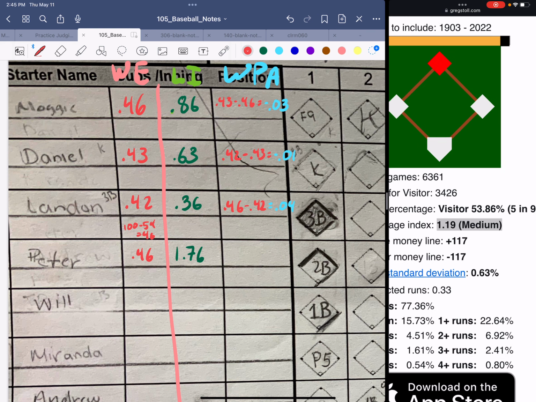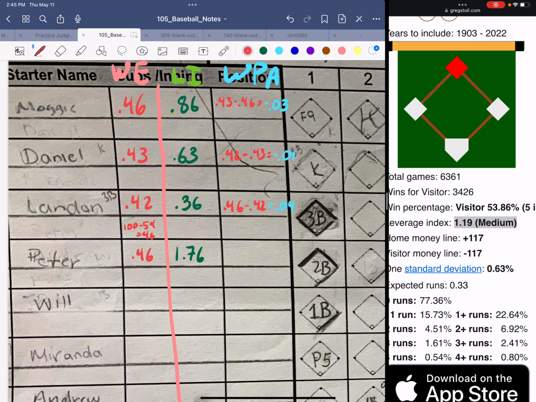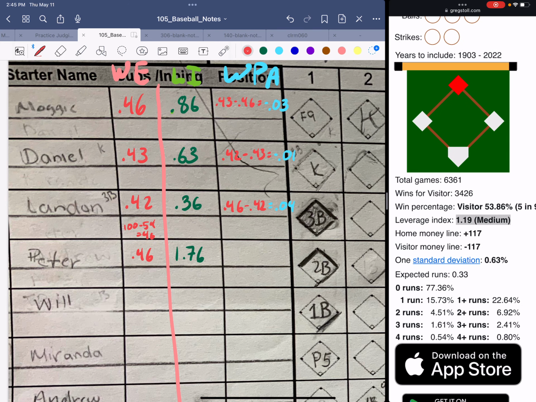But note that it says visitor, 54%. So we can just write over here 0.54. So Peter's win probability added was 0.54 minus 0.46, which equals 0.08.